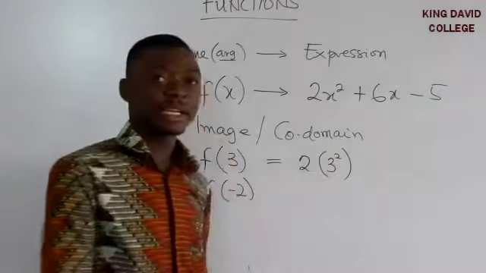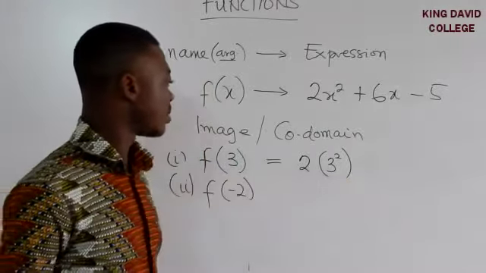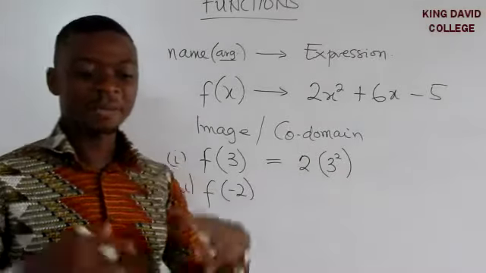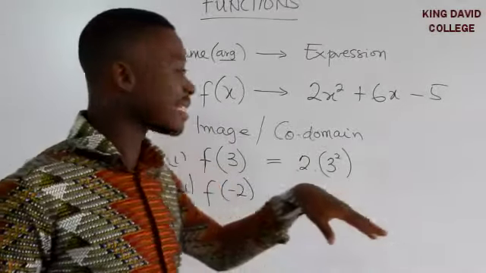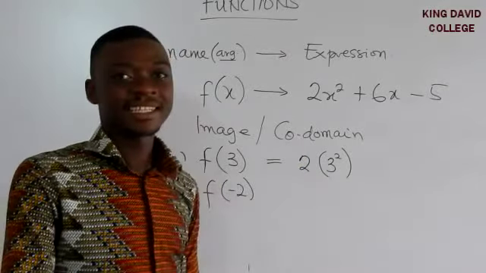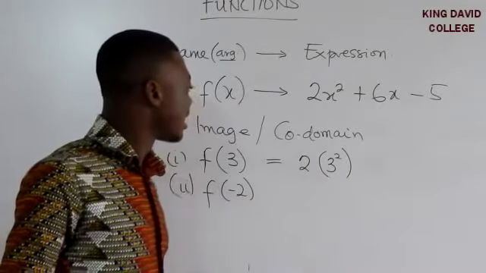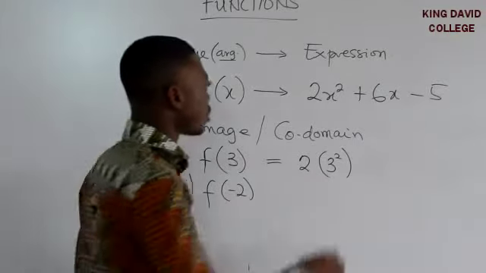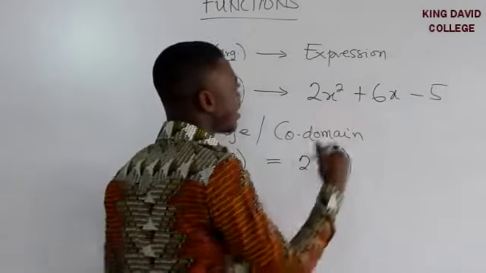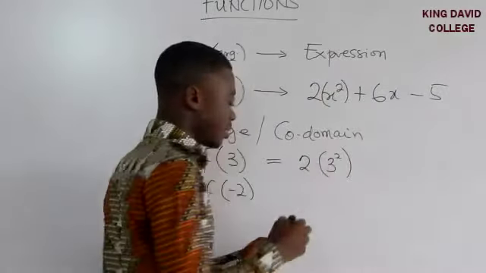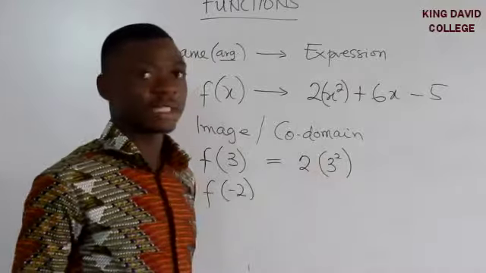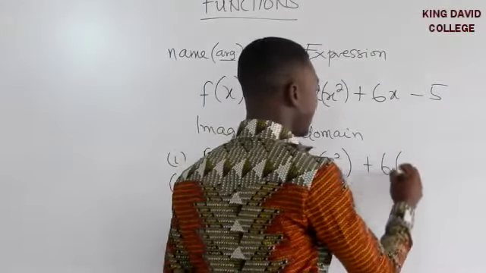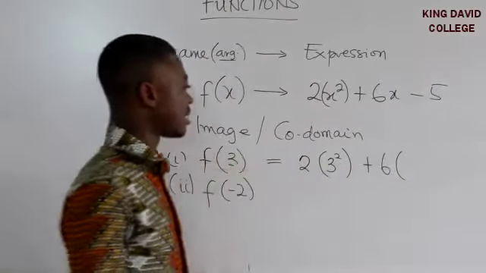Please, you need to learn how to do the notation like this, because there is a way you input this in your calculator and you can get issues. So please learn how to do this very well. The square is affecting only the x, so bring the 2 out and then put the square on it. Then plus 6 multiplying your x, which is 3, minus 5.